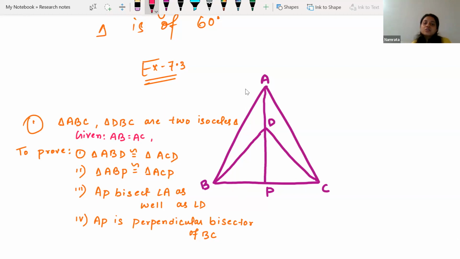DBC is also an isosceles triangle, so we can take DB is equal to DC. With the help of the given information, we are writing this.